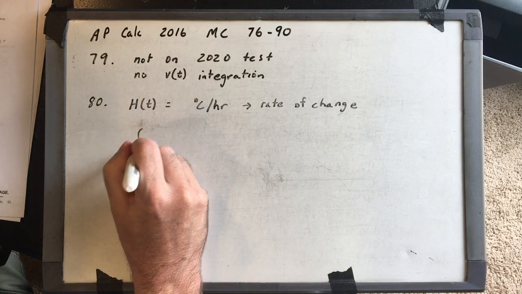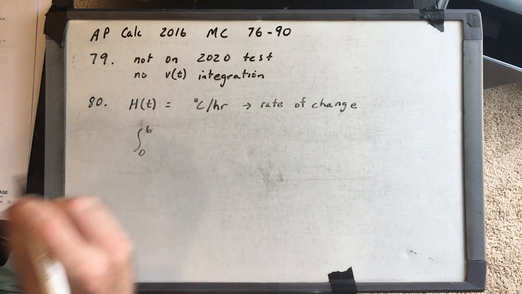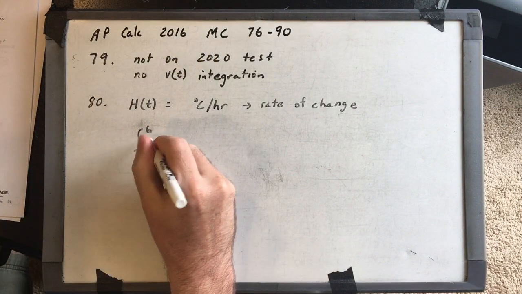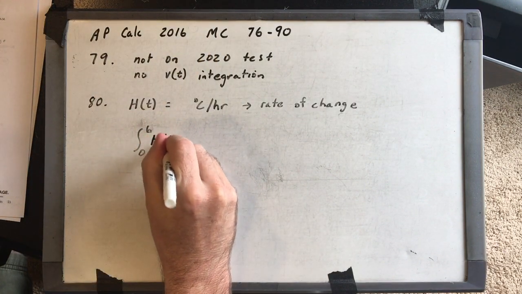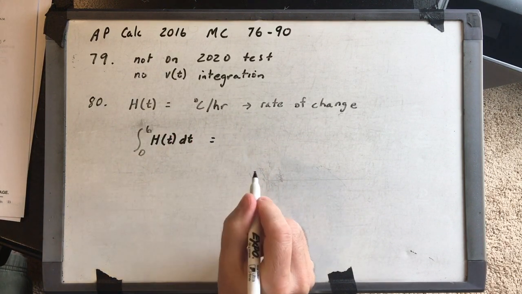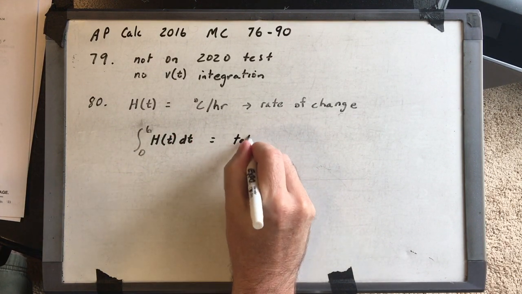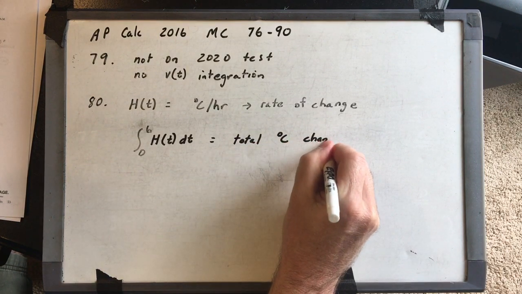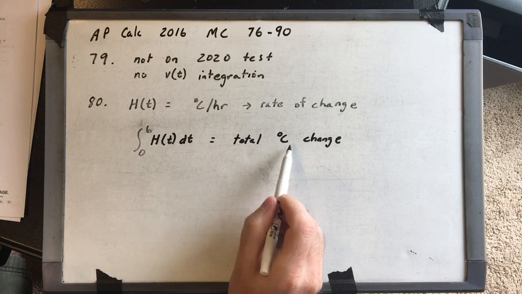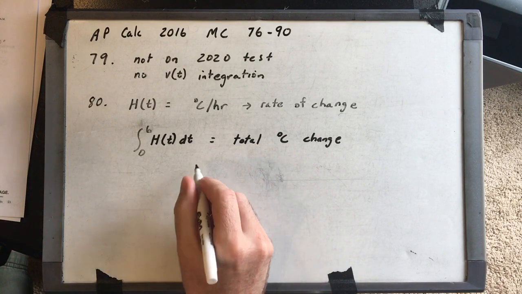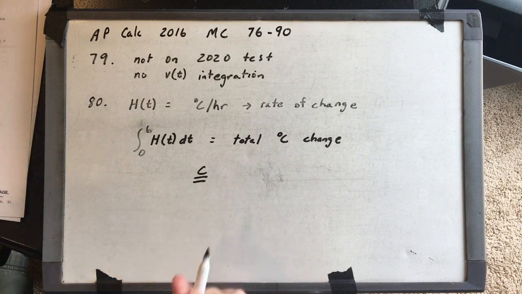So if you integrated from 0 to 6 of h of t, it's accumulating. So it's going to be the total degrees C change. You're adding up the total temperature change. So that is option C.